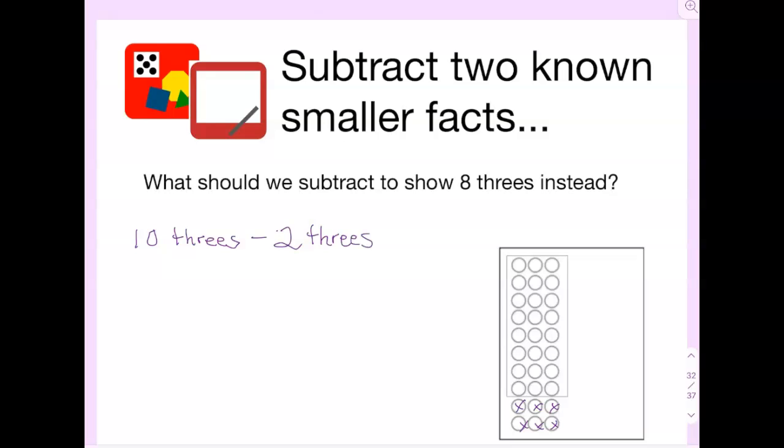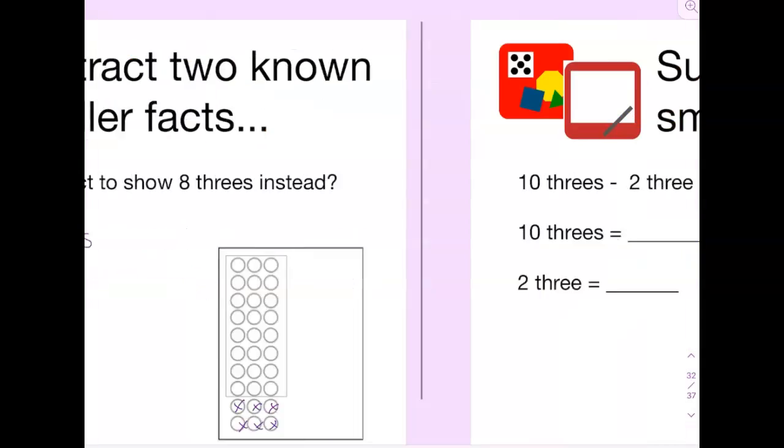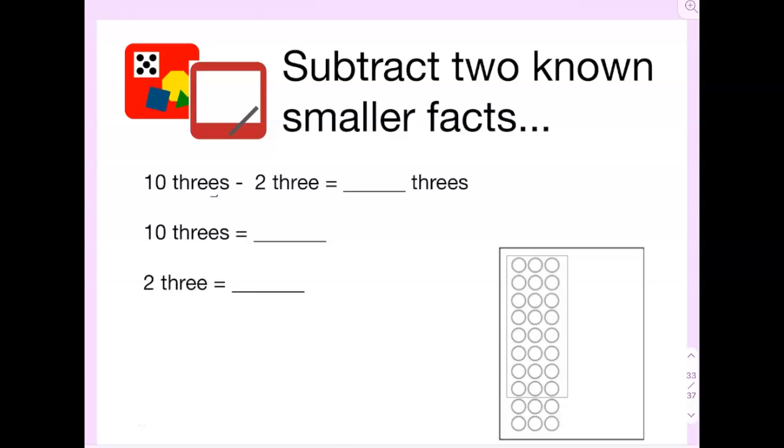Boys and girls, when we're doing these problems, the 3's is really our unit. It's the grouping that we're talking about. It's the thing that we're talking about, those units, those labels. And we end up with 8 3's. So 10 threes minus 2 threes is equal to 8 threes.